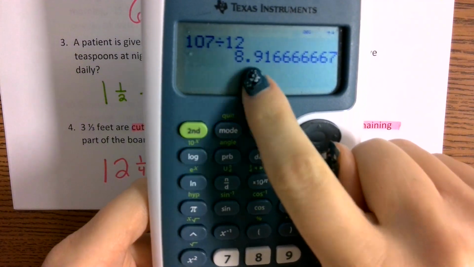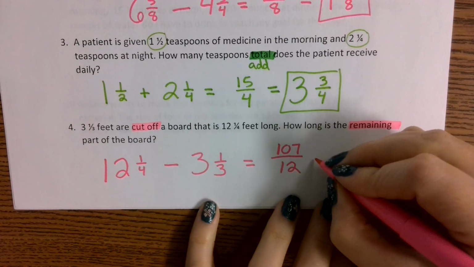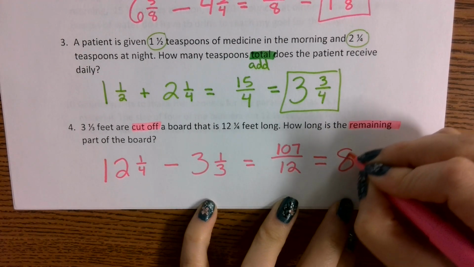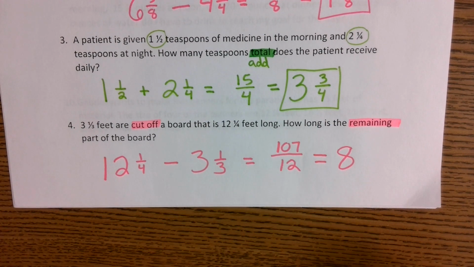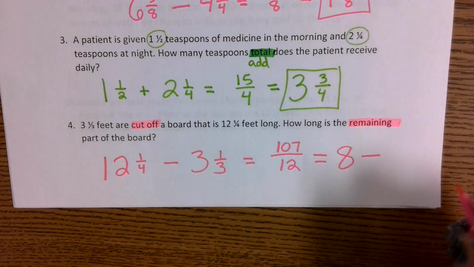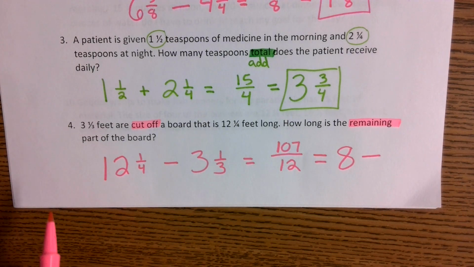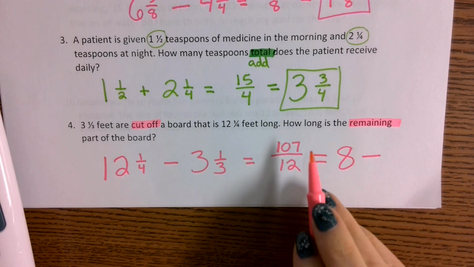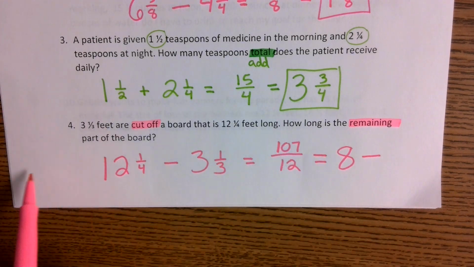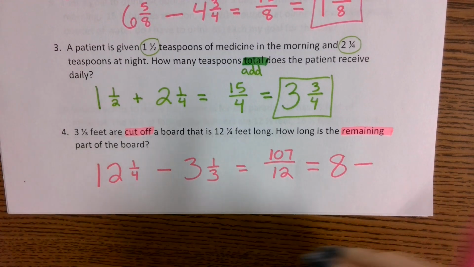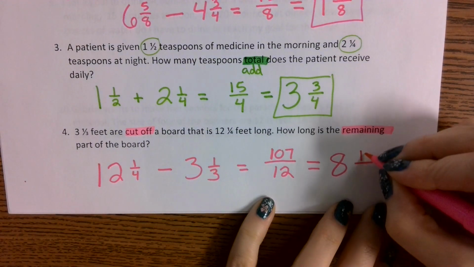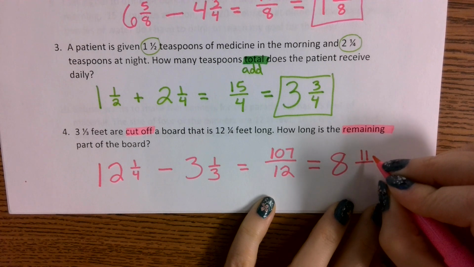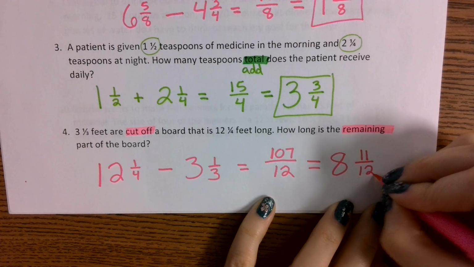So now I need to figure out my fraction part. Let's do 12 times 8. What is 12 times 8? 96. So we want to take 96 away from 107, and that's going to give us 11. So we have 11 left over out of the 12.